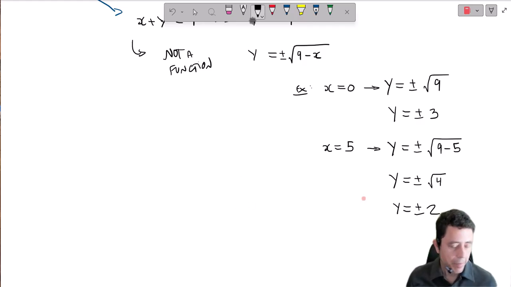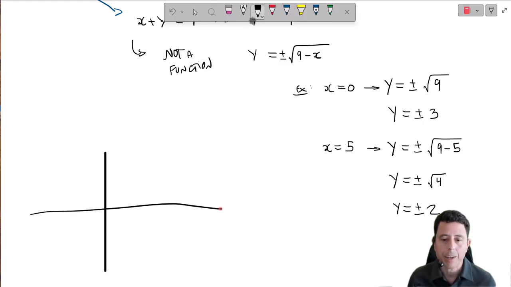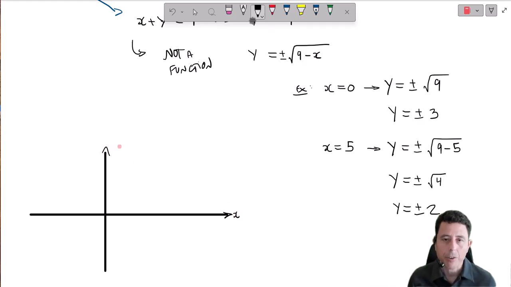There is one way, if you see a graph of an equation, there is actually an easy way to find out if the graph is a function or not. It's called a vertical line test. So if you have something like this, right?